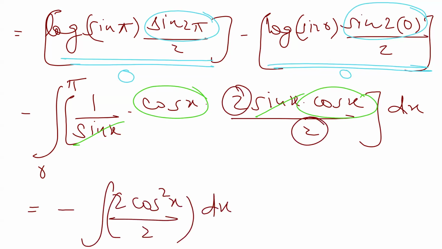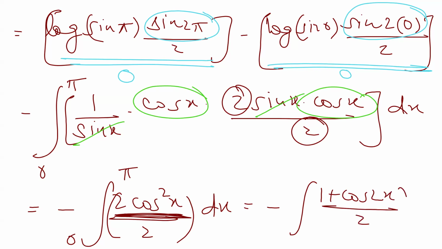We have not cancelled it. 0 to pi, minus sign, 2 cos square x is 1 plus cos 2x by 2, 0 to pi. We'll take this 2 outside. It will be minus half integration of 1 plus cos 2x dx, 0 to pi.